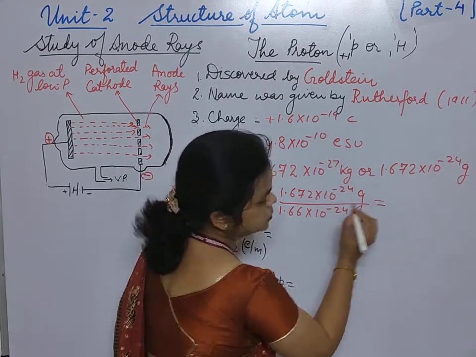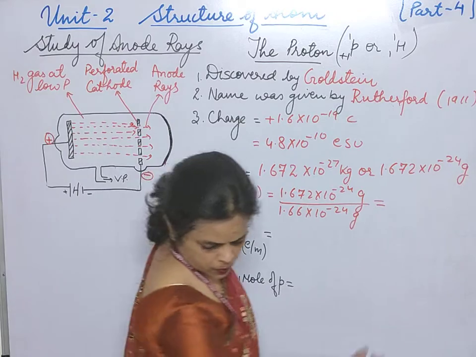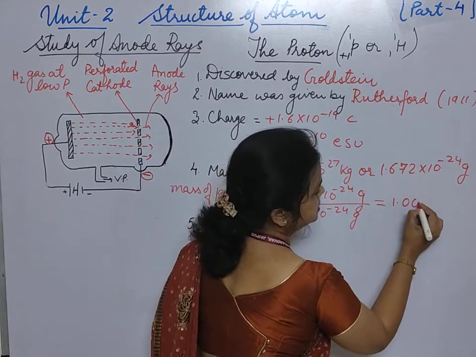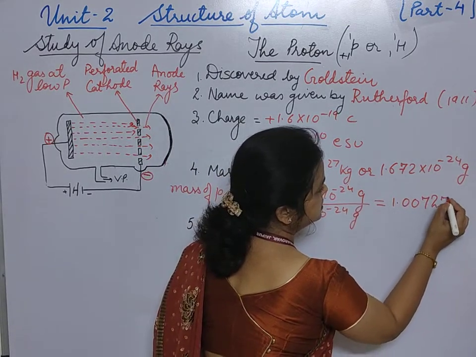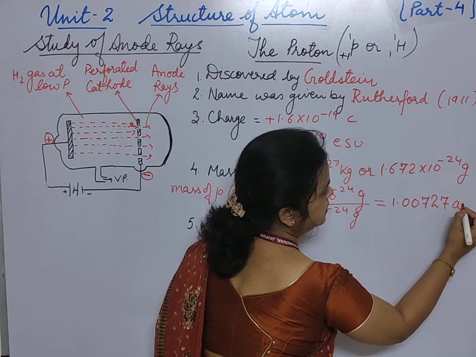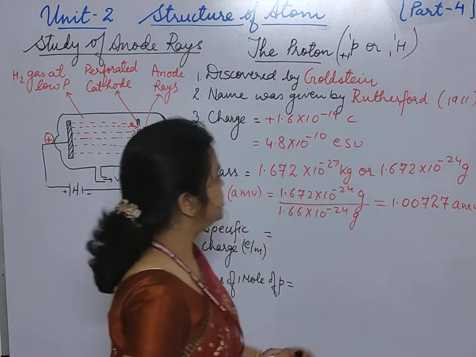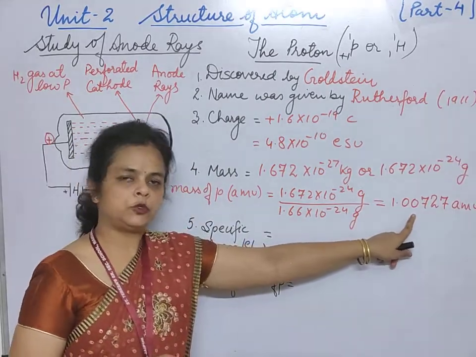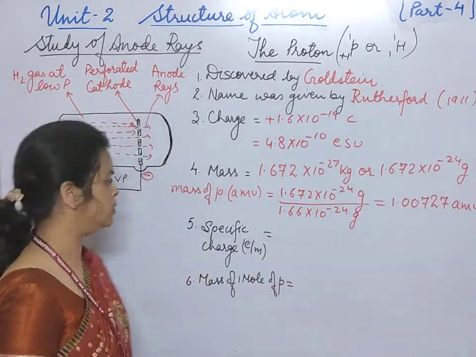Then the value comes out to be 1.00727 AMU. So this is the mass of proton in terms of AMU.